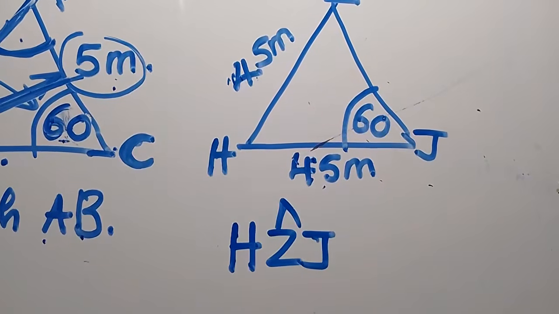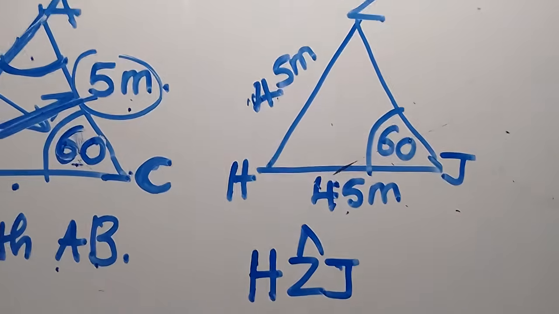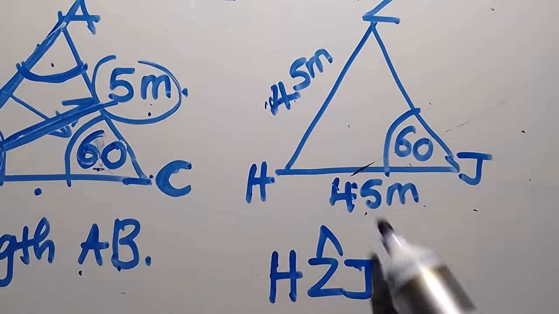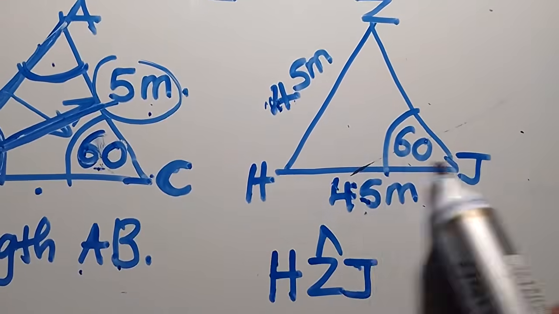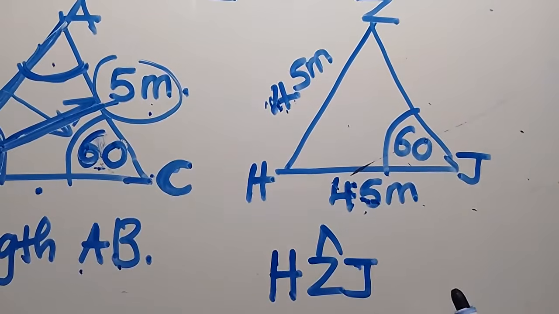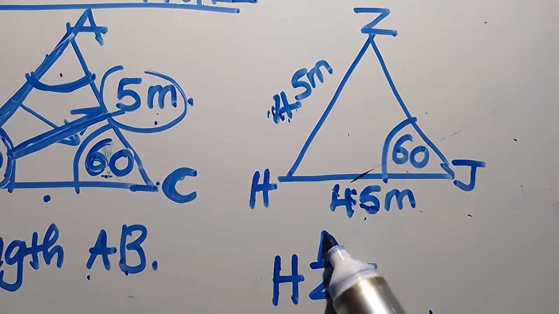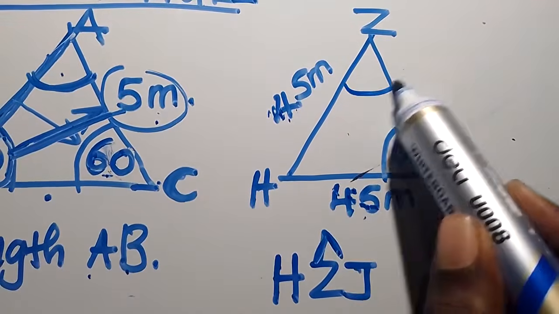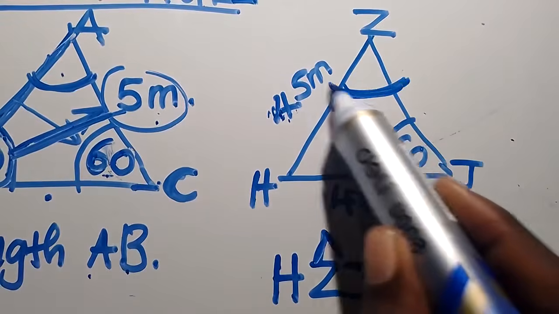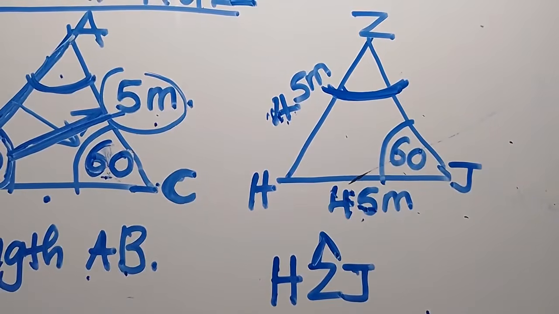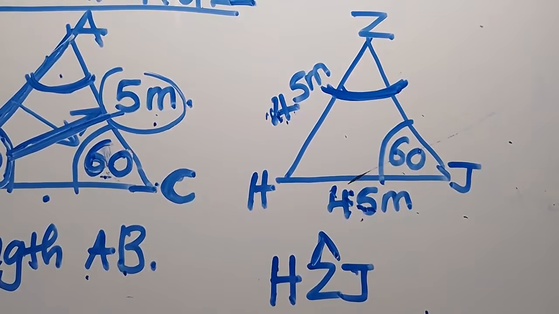Have you seen? So you check, okay, you are given 2 sides and 1 angle. And these 2 sides are not putting the angle in the middle. So you know that I'm supposed to use the sine law. You are told to find Z. This is the Z that you are told to find.